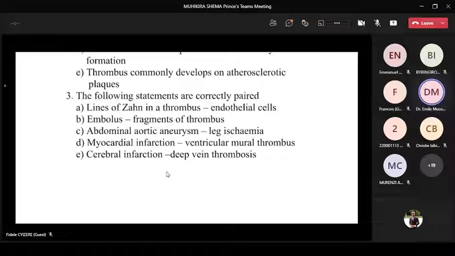Why? Deep vein thrombosis, as I know it, commonly occurs in the deep veins of the leg. Cerebral infarction, most of the time, is in the upper body, via the carotid arteries. So deep vein thrombosis will go to the lung.